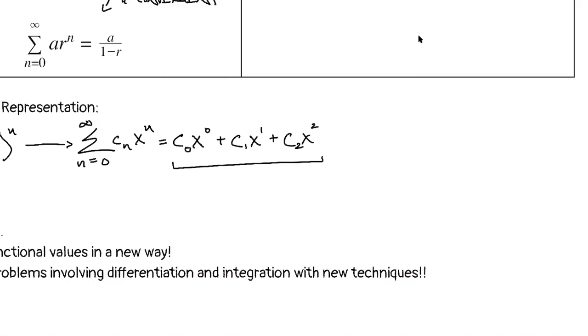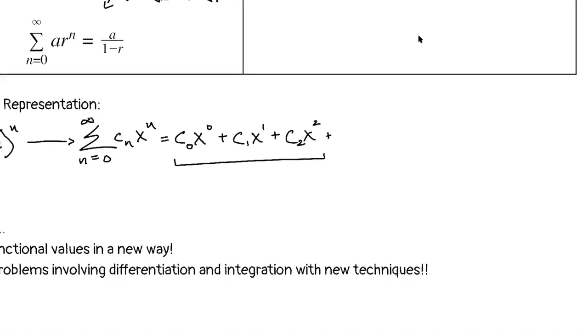So when we're looking at these series with the power series, a lot of times we actually don't go all the way to infinity, but rather we can use the first few terms to model a given sequence or series. So right here we have a quadratic one.